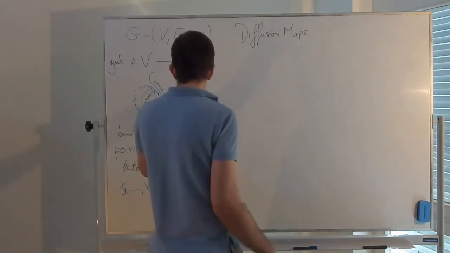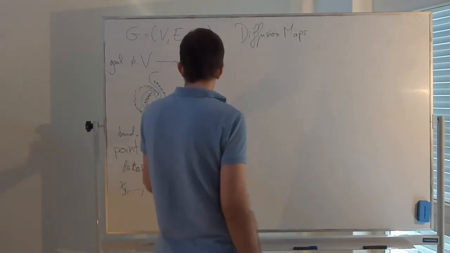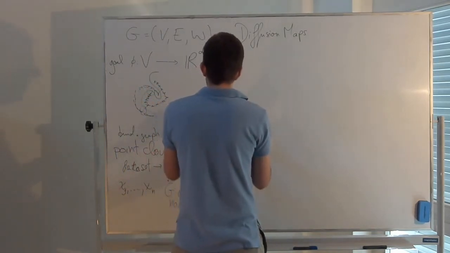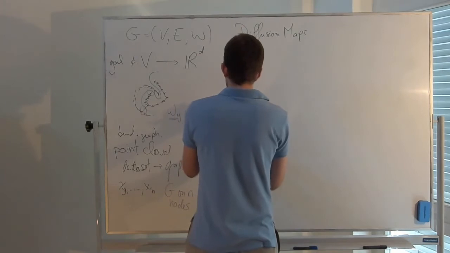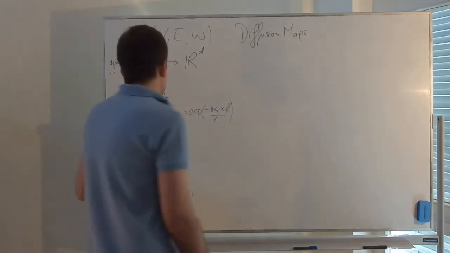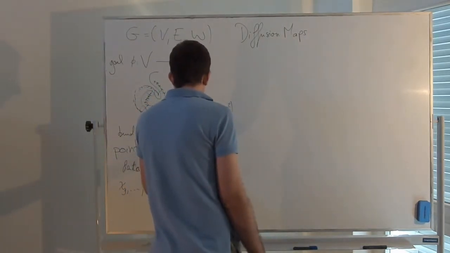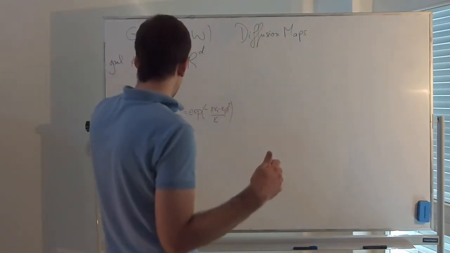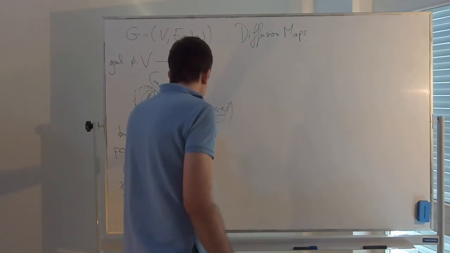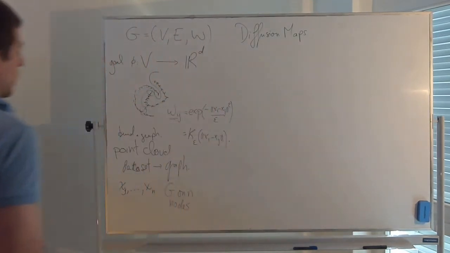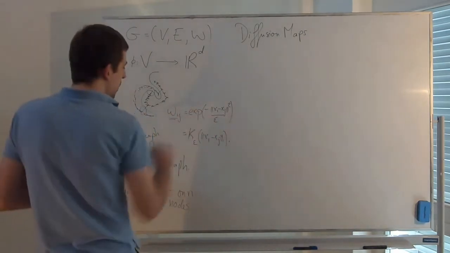So one possibility is that the weight w_ij will be given by some kind of exponential, say exp(-|x_i - x_j|^2 / epsilon). It's one possibility, but in general it will be some kernel depending on epsilon, which is the scale of your problem, of some norm of x_i - x_j. This is the Gaussian kernel in this case, but you can have other kernels.